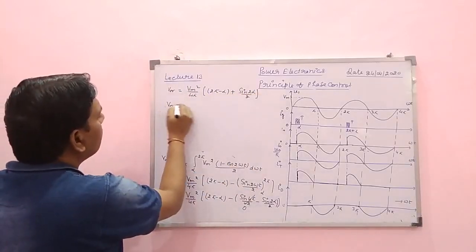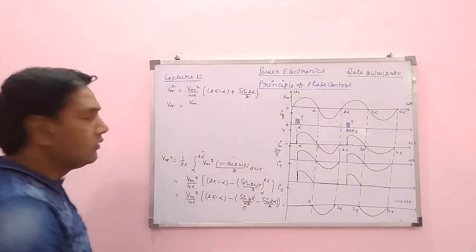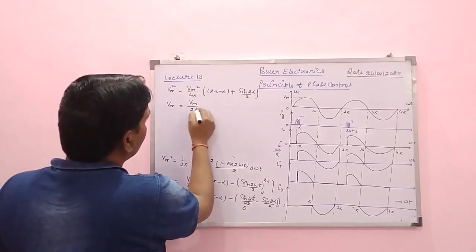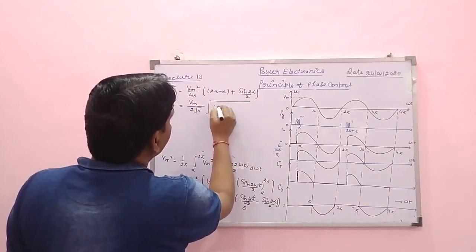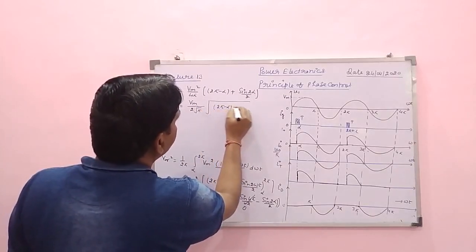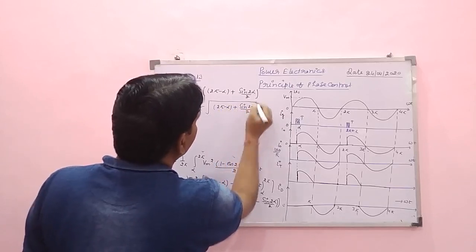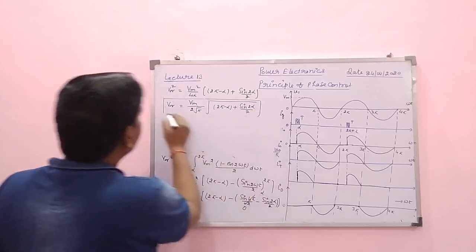So V naught R is equal to Vm upon 2 root pi, under root 2 pi minus alpha plus sin 2 alpha divided by 2. So this is the expression for output RMS voltage.